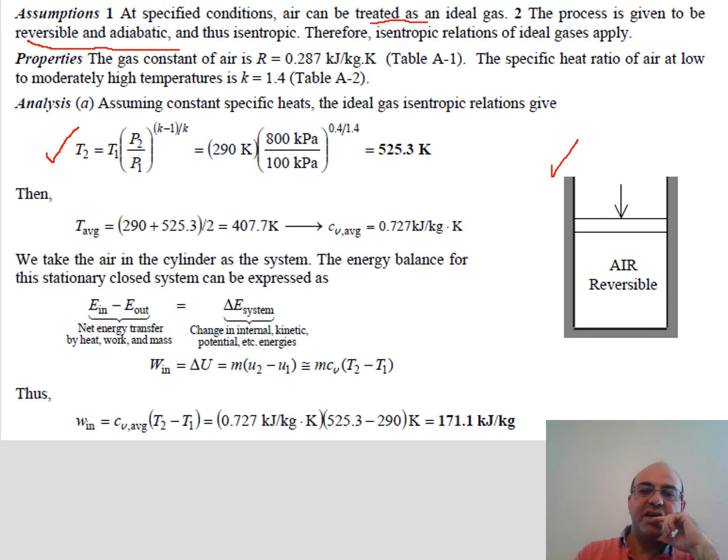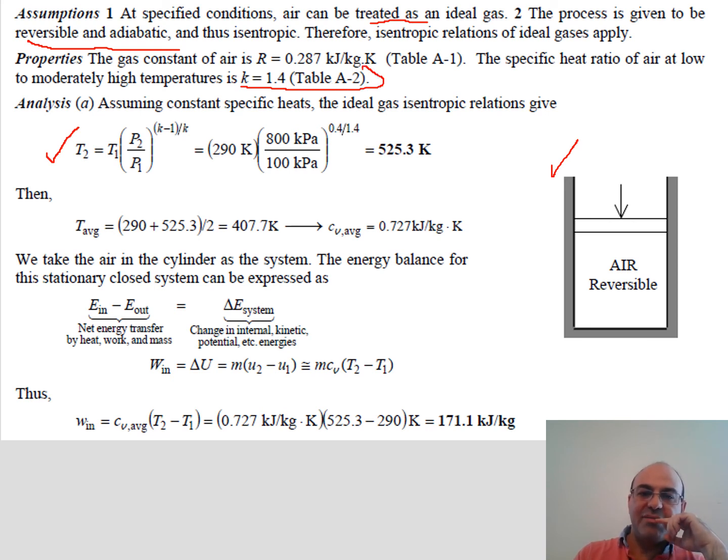T2 over T1 equal to P2 over P1 to the power of k minus 1 over k. So the values of k are needed. So these are found in table A2. We need to mention where we found it.